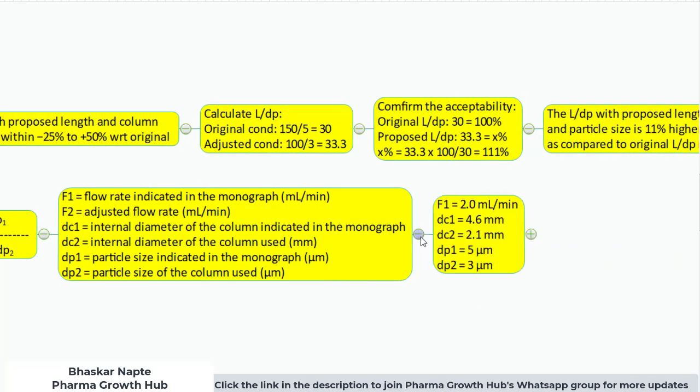Let us understand the F2 value now. Assume that F1 is equal to 2 ml per minute, DC1 is equal to 4.6 mm, DC2 is equal to 2.1 mm, DP1 is equal to 5 micron, and DP2 is equal to 3 micron.